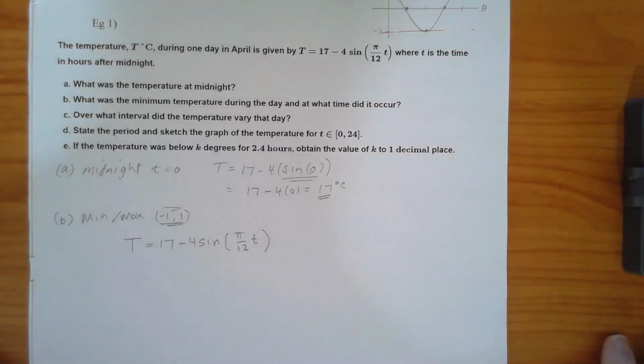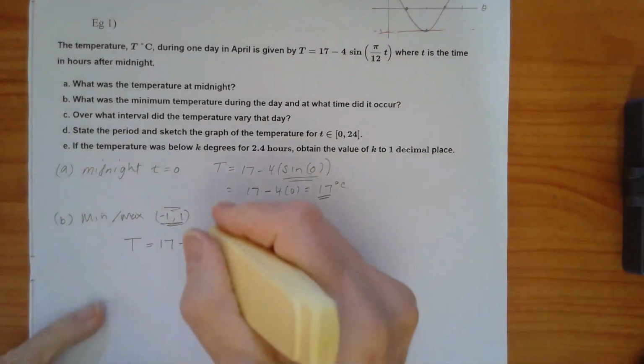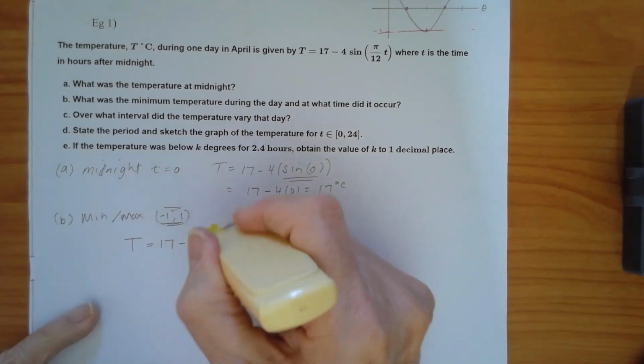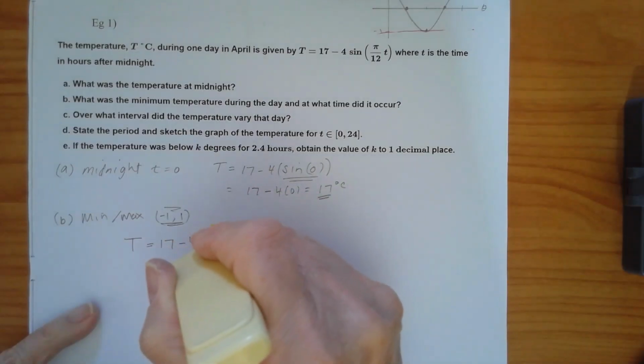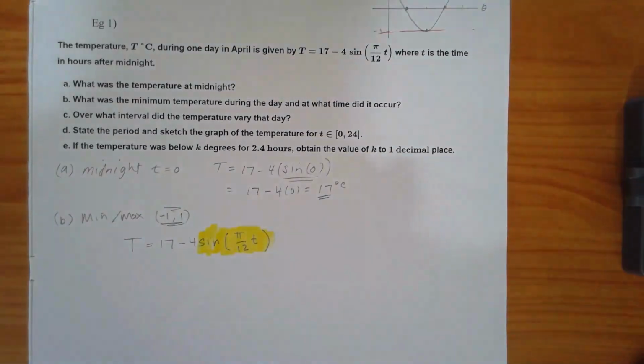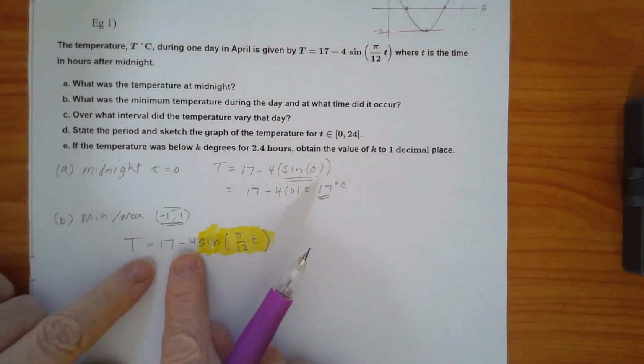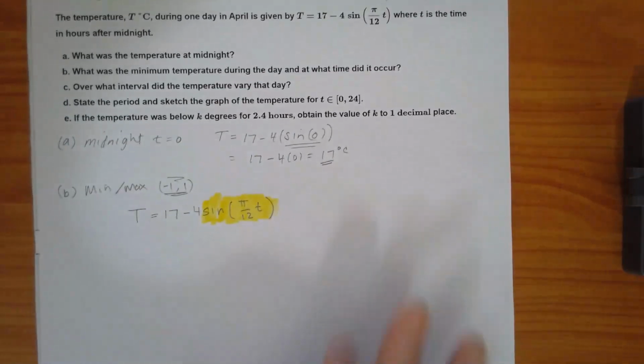Now my claim to you was that this part of the equation, really this whole part, always has a maximum or minimum of 1 or -1, okay? This one's a bit tricky because there's a negative sign there.